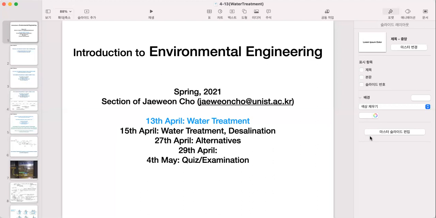Once again, water, 1,000 liters. The answer is about 500 won.